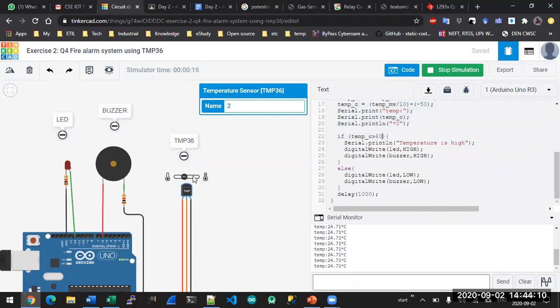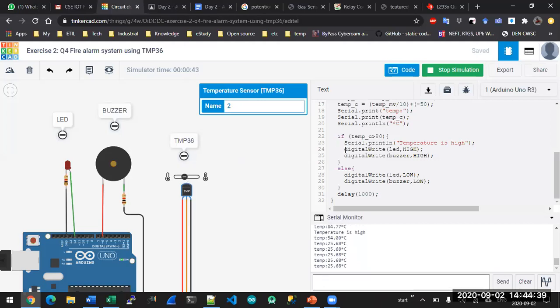So I am just increasing the temperature from the slider. Now it is increasing: 35, 44, 66. Now it is above 80. You can see the LED is on and the buzzer is also making sound. Decreasing it. Now again, buzzer and LED both are off.